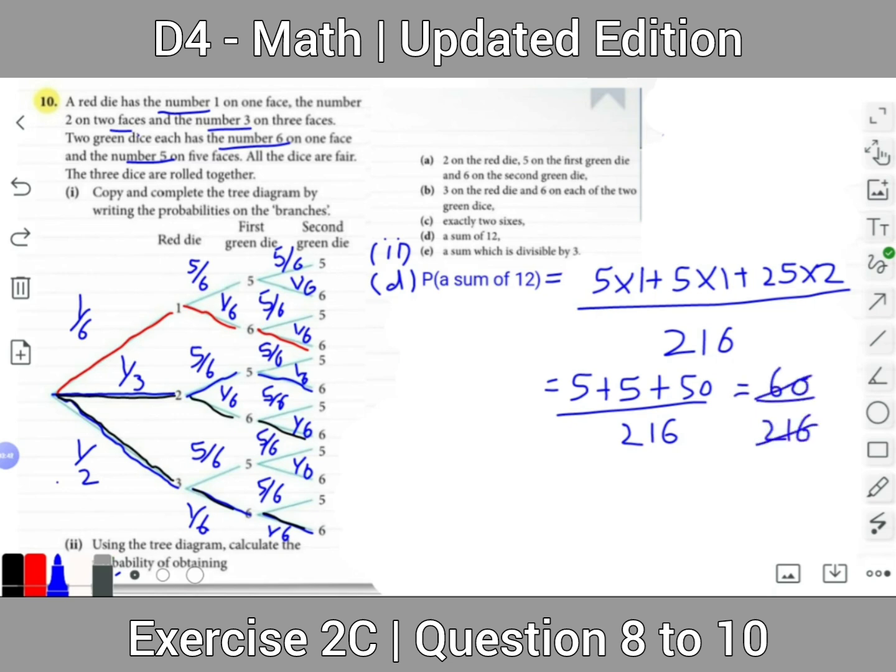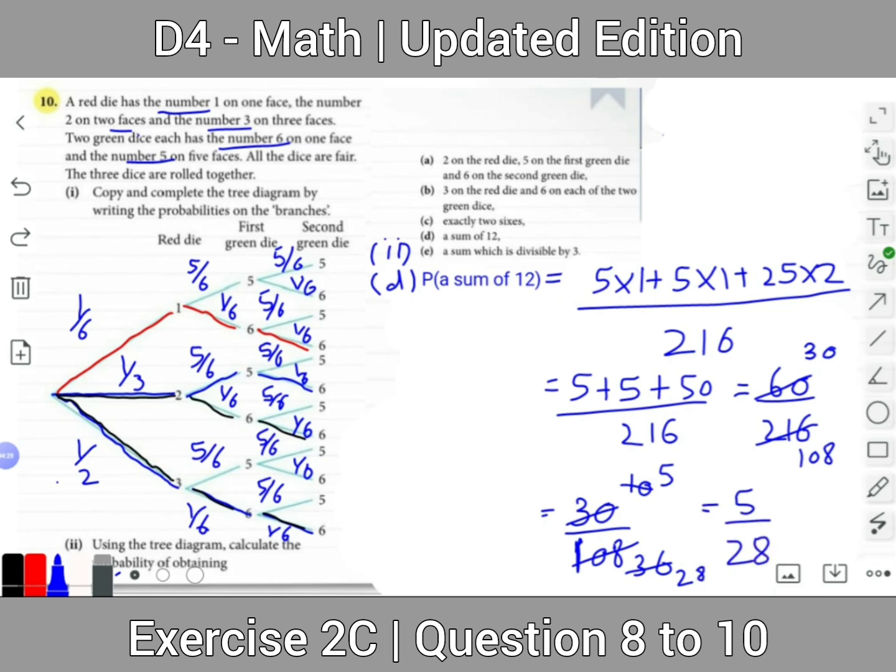Now we have to simplify it. So here we have 30 over 108, and after further simplification we get 5 over 18.